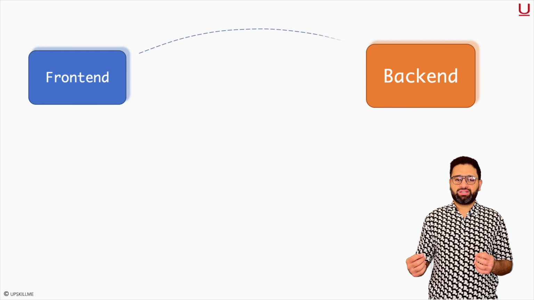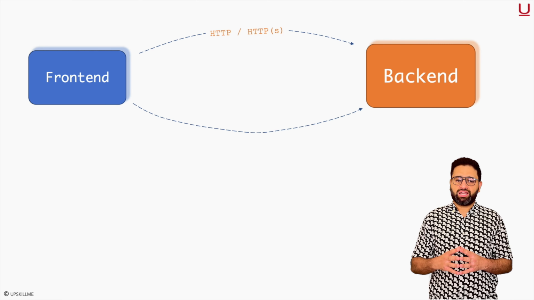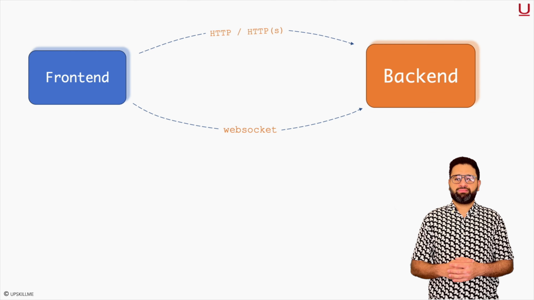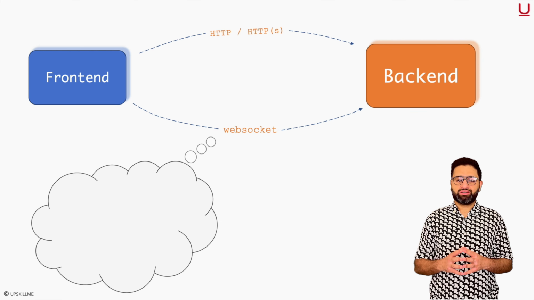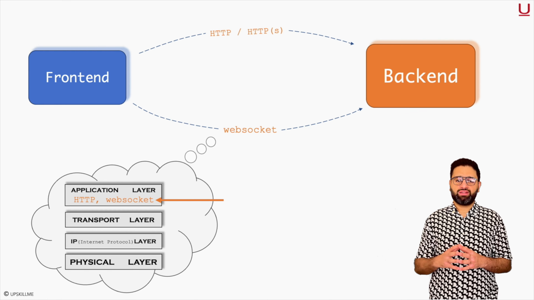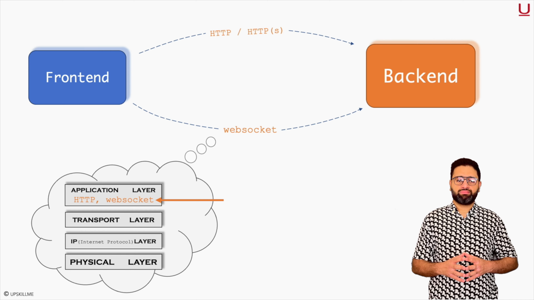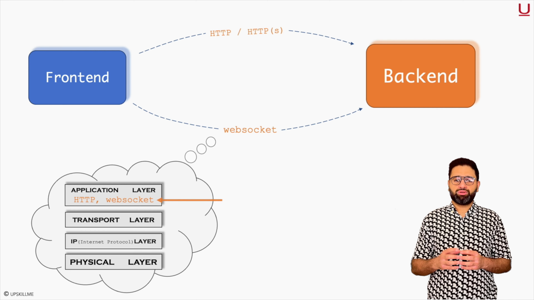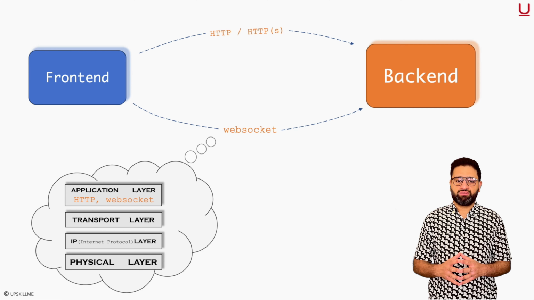The first one is HTTP and its variant HTTPS, and the second one is WebSocket. They both are application layer protocols and sit on top of the transport layer in the TCP/IP network model. Underneath, they both establish the TCP/IP network socket connection with the server.